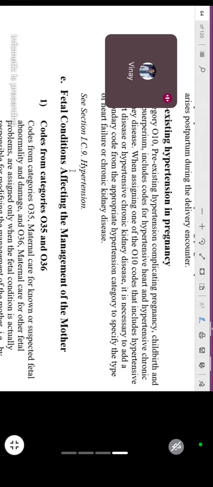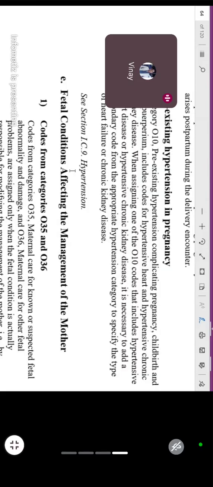Clinically, it will be considered as pregnancy-induced hypertension. Same like diabetes also. The patient did not have diabetes earlier, but during pregnancy she developed diabetes. It will be considered as pregnancy-induced diabetes mellitus or gestational diabetes mellitus, gestational hypertension.